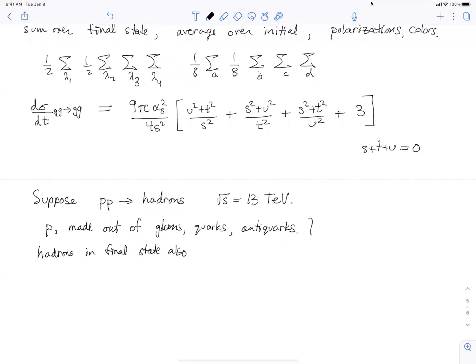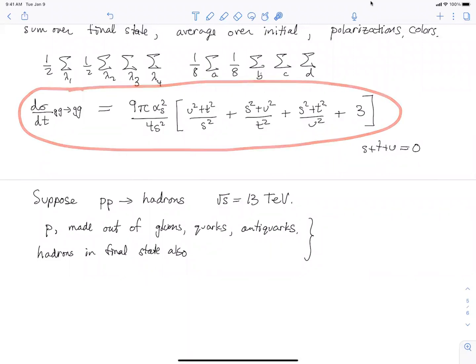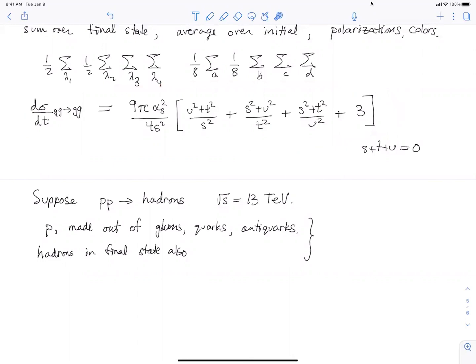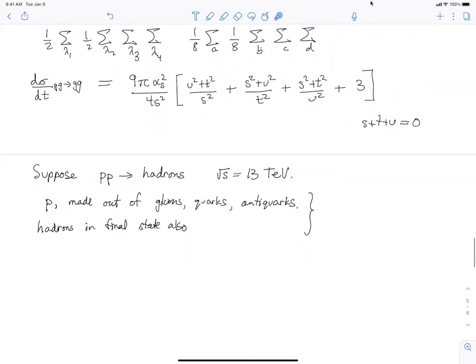So what we're really going to have to do is we're going to have to get an answer for something we can actually measure. We're going to have to take this expression, and the expression for quark-quark scattering that we had before, and we're going to have to combine them in some way.